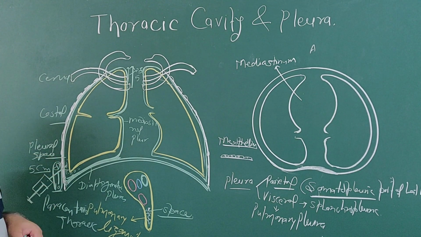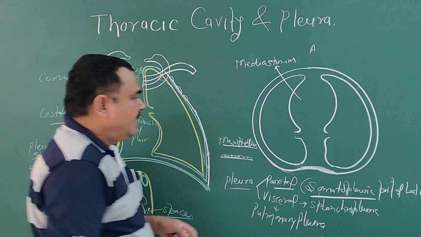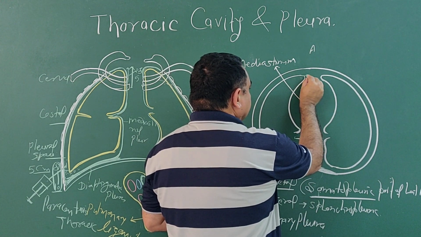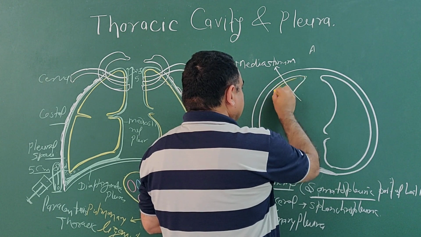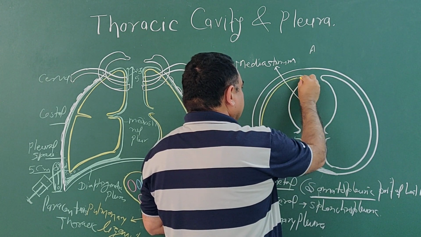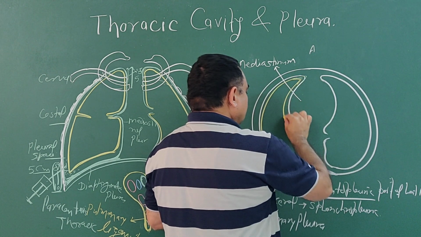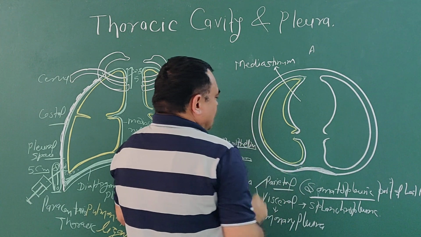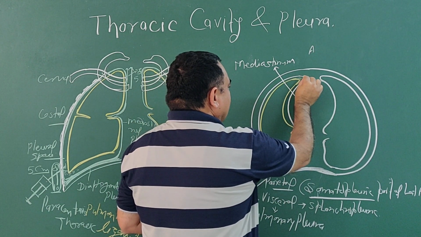This is costodiaphragmatic recess. And here is another recess. Here you can see this is parietal pleura, here is visceral pleura. This pleural space, and here is another recess.